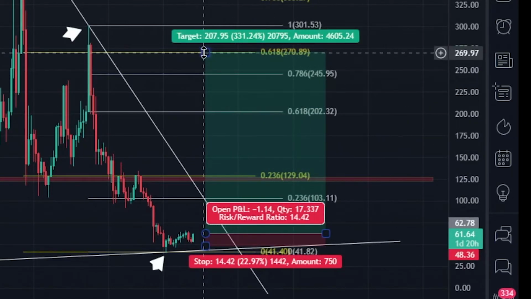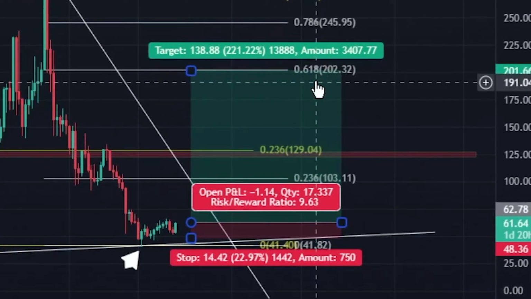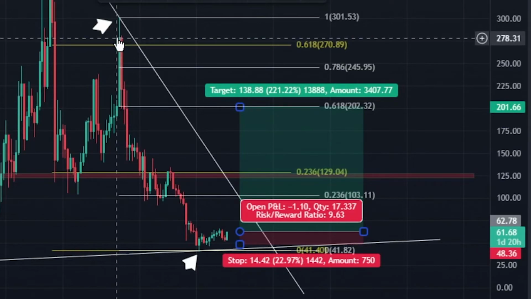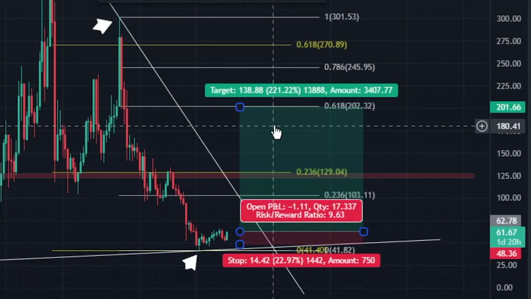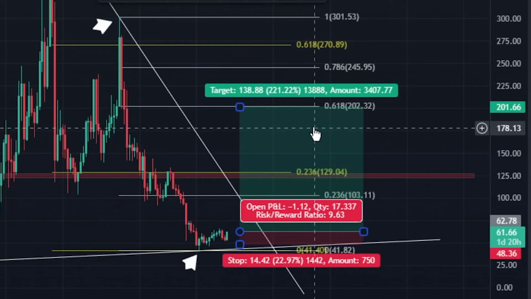And you could even play this differently. You could have it at the white fib, the 61.8 on the smaller one, from the swing high here to the swing lows, not as major a Fibonacci as the yellow one. Look at these gains as well on the risk to reward ratio.